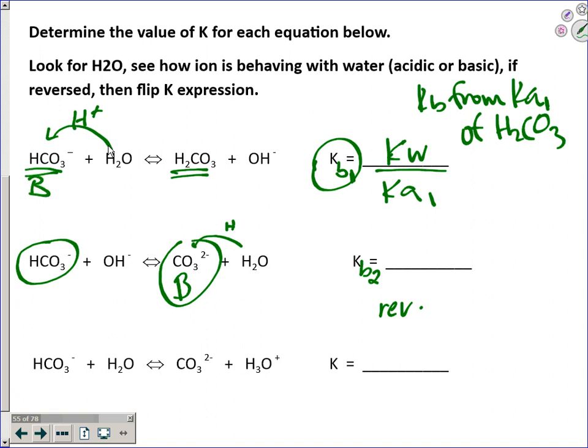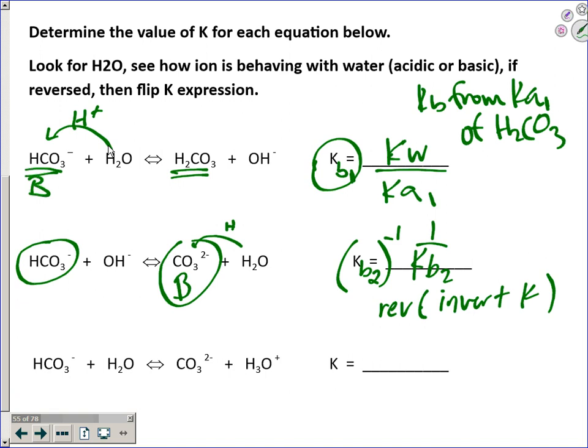Because it's not simply Kb2, I'm going to show it inverted, because that's what reverse means. Remember that reverse means to invert your K value. You flip it. So it's 1 over K. That means this is going to be Kb2 raised to the -1, which is 1 over Kb2, if you'd like to write it that way instead.